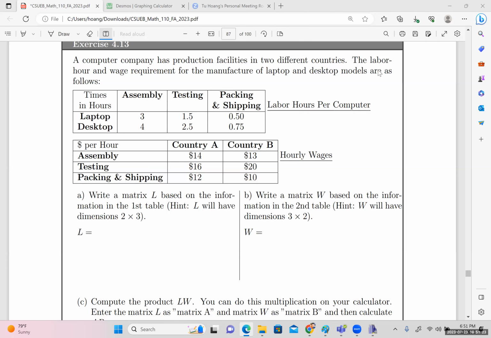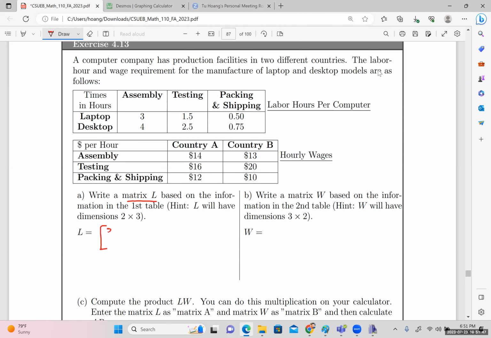All right, so you can see we have a hint in here for matrix L, which is 2 by 3, right? This is for labor hours per computer.